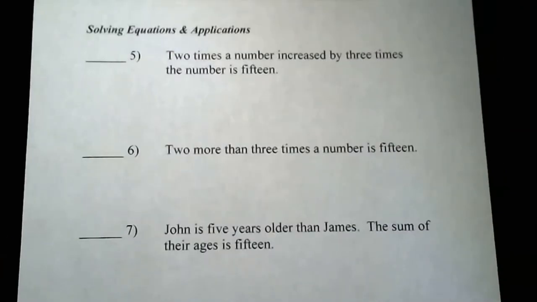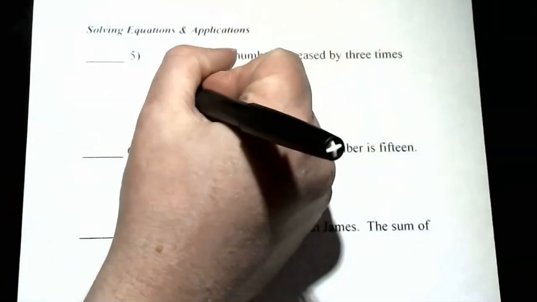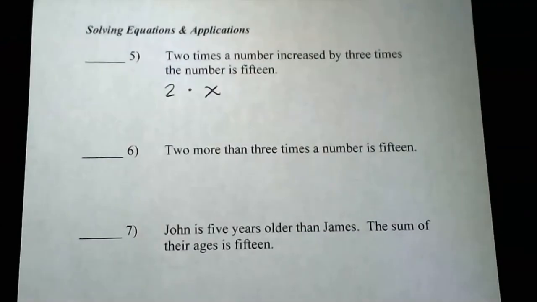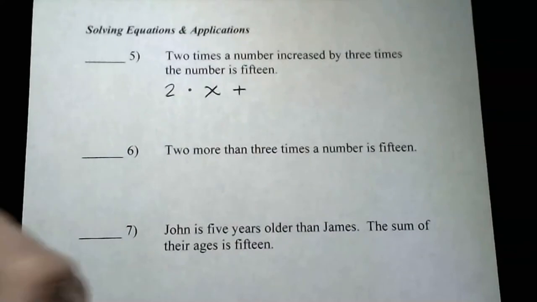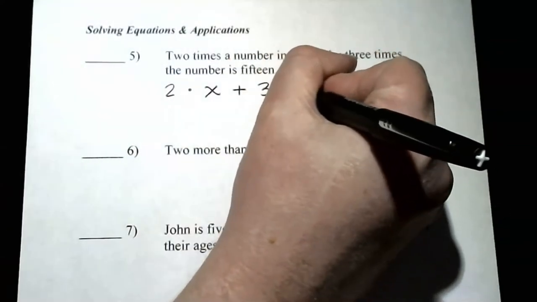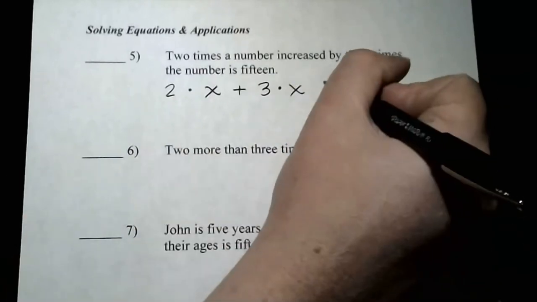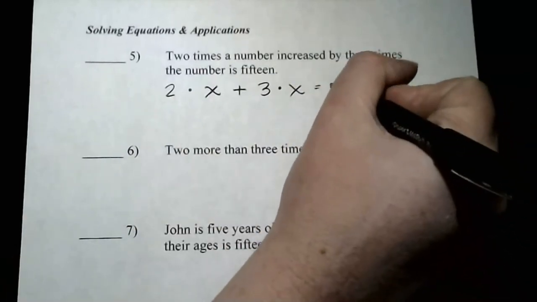Okay, number 5 is 2 times a number increased by 3 times the number is 15.